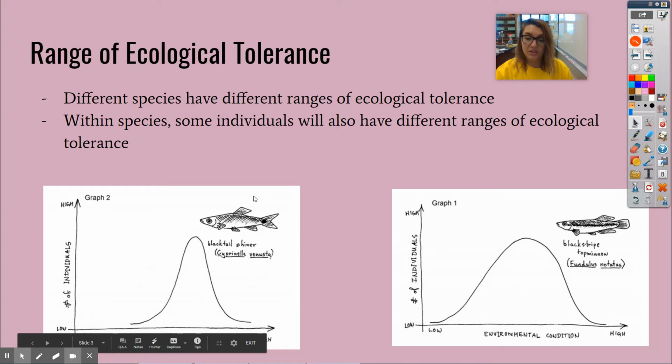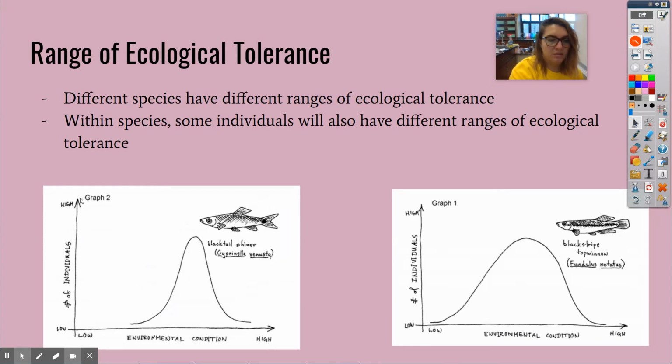This fish can really only survive at one very specific range. It's a really small range here where it's their optimal range. Whereas for this fish, their optimal range is gigantic. So it's very different between species. Some species have a very small range, some have a very large range.